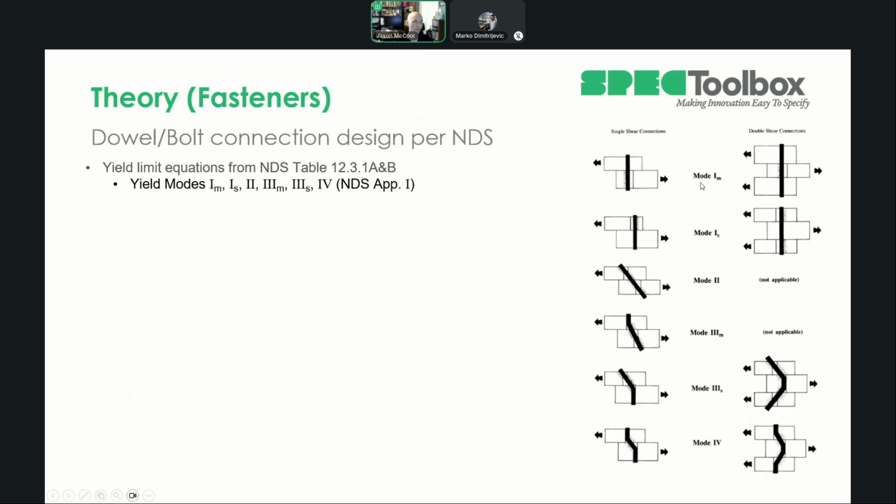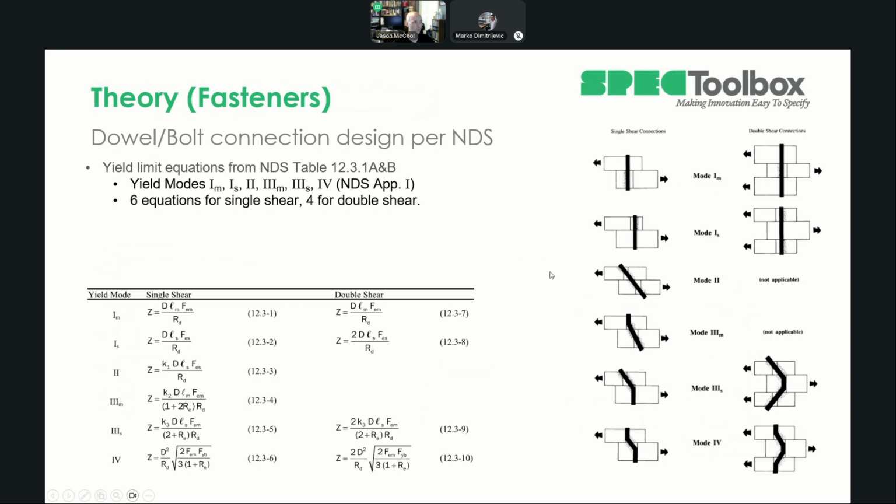So we go over mode 1 in the main member, mode 1 in the side member, mode 2, which only applies to single shear connections, mode 3 in the main member, again only to single shear connections, and then mode 3 in the side, and mode 4, those apply to single and double shear. So this gives us 6 equations for single shear and 4 for double shear. And if you've done any work in NDS, these are probably quite recognizable formulas.